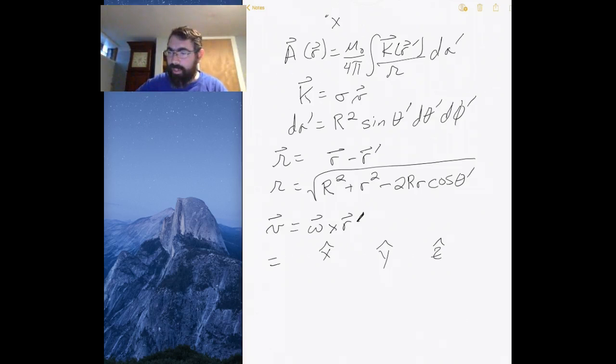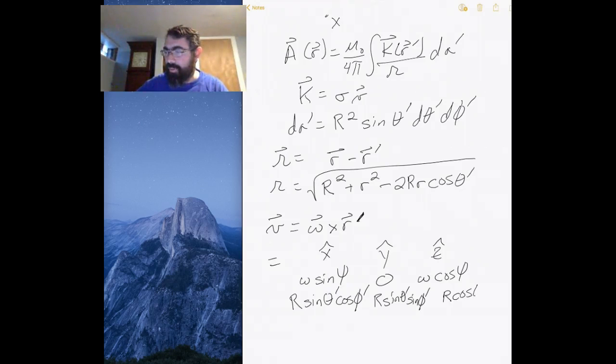I would have omega sine psi in the x direction, 0 in the y direction, and omega cosine psi in the z direction. So those are the components of my angular velocity. And then for the position, I would have capital R sine theta prime cosine phi prime, R sine theta prime sine phi prime, and then R cosine theta prime for the z.